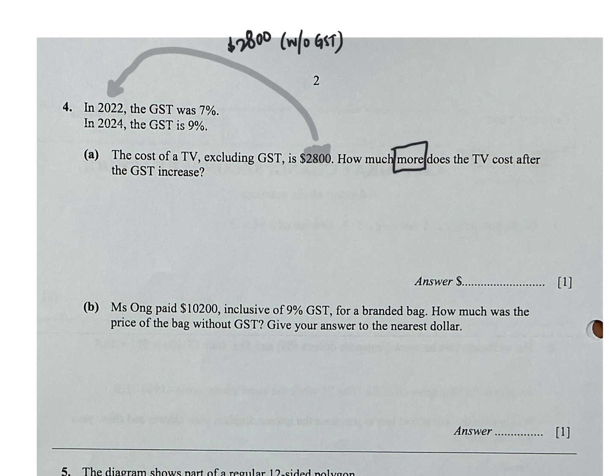Does the TV cost more after the GST increase? So first thing first, you need to see that this is the 100% without the GST. So in 2024, the GST is 9%.